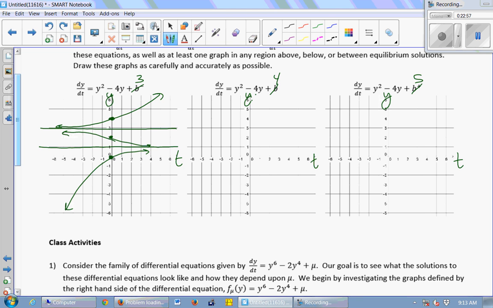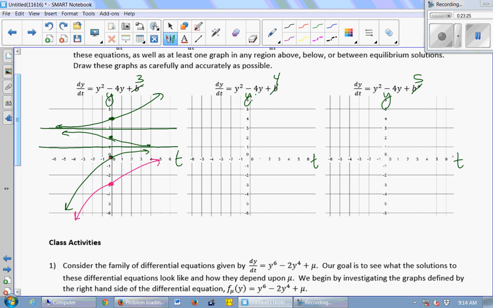So I have 3 possible qualitatively different solutions depending on my initial value. Any other initial value will look something like one of these 3. Like if I picked this guy, it would look just like the one above it. I just picked a random initial value that was bigger than the 3 equilibrium solution.